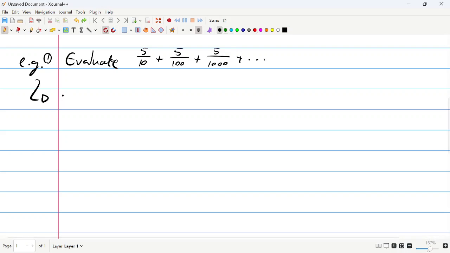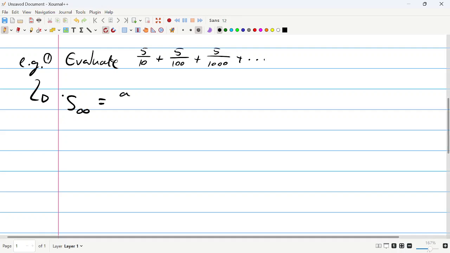So what is our formula again? It's S infinity equals a over 1 minus r. So we need to find a and we need to find r. How do we find r? We essentially just take a term and divide it by the previous term. So r is just going to be equal to term 2 over term 1, where we have term 1 here, term 2 for the next one and term 3 over here.